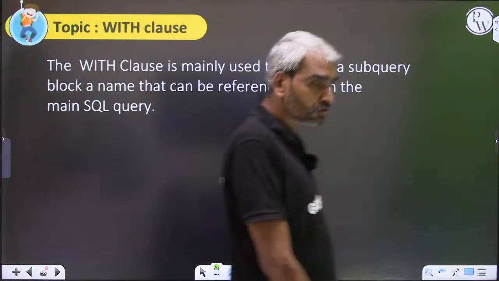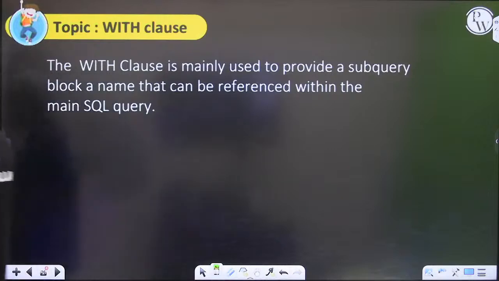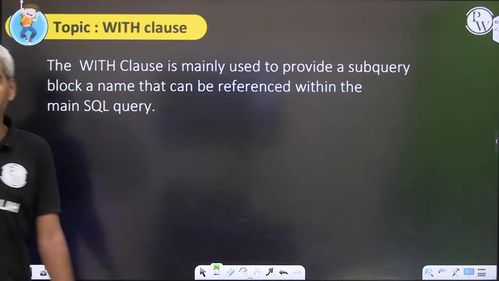So why do we use the with clause? Generally, the with clause is used to make the query more understandable. If you use the with clause, it will be easy to trace what exactly is being done by this particular query.